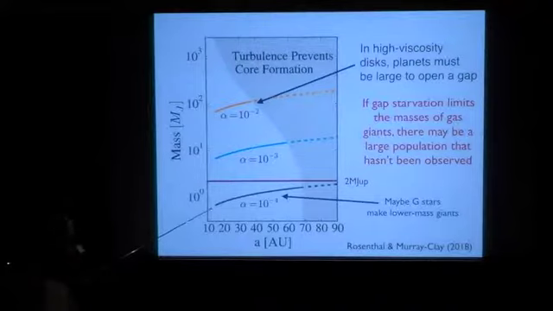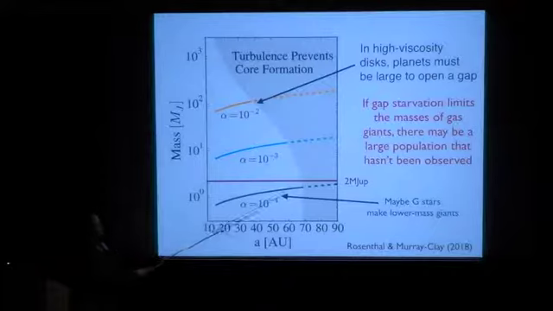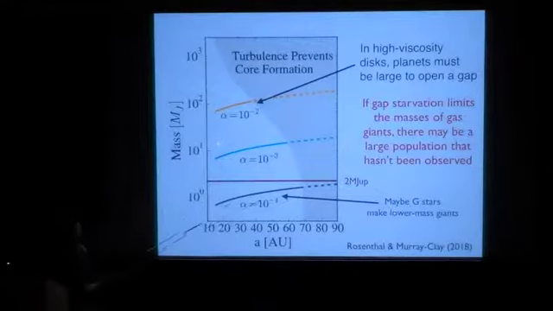So this is not an involved model, but it has a sign that I think is correct. Here, what this shows is the distance where, for different turbulence values, turbulence stops core growth, and the mass that you would form that planet with using a simple gap starvation model.